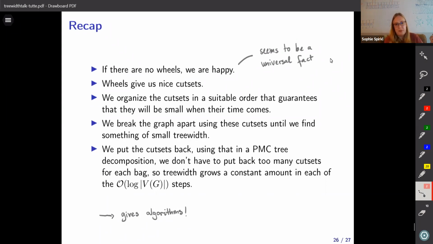And so we can basically put each thing that stuck out back into a different bag, and that is acceptable. And so at the end, we had constant Treewidth, and for each step that we put back the graph, we pay a constant number for how bag size increases. And that's where logarithmic comes from. But then that's a tree decomposition of the whole thing.